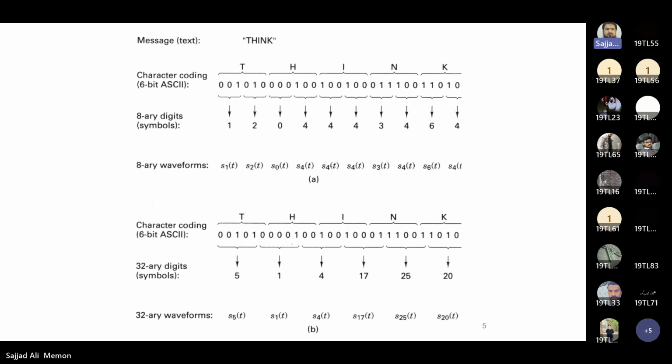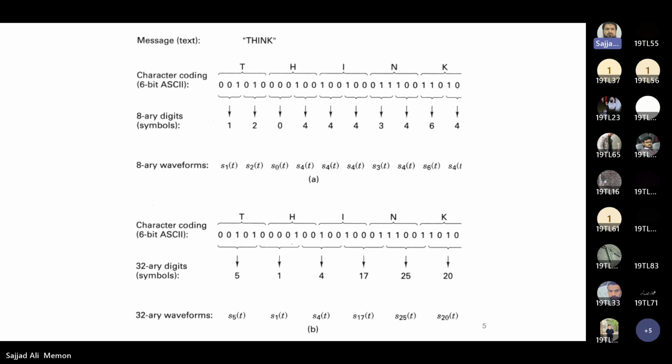As you can see, for every symbol we will have a different waveform. So this is called formatting, and this is how we transmit the data from the alphabets into the waveform, because data on the physical line cannot be transmitted as alphabets or as zeros and ones.